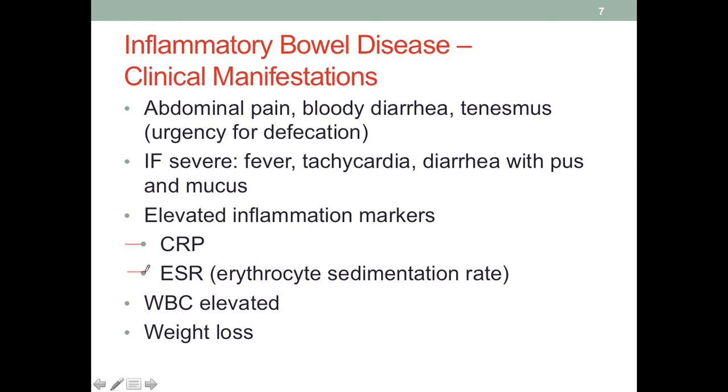ESR is a marker commonly checked in autoimmune diseases, for example, in renal disease, or in lupus, or in this case, IBD. And the increase in ESR usually indicates there is some immune dysfunction going on. So when abnormal proteins are found in the blood, these are typically due to inflammation or infection. They cause the red blood cells to clump together and sink more quickly, and this results in a high ESR value.